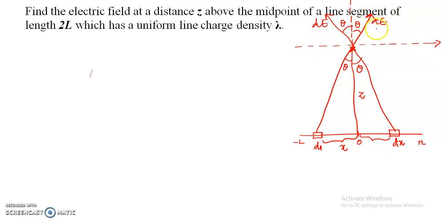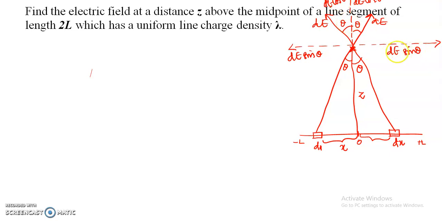Then the component of dE along this horizontal axis, theta is here, so this is the opposite side, so the component along the horizontal axis is dE sin theta, but the component along the vertical axis is dE cos theta. For the electric field vector due to the small element on the right side, the horizontal component is dE sin theta, while the vertical component is dE cos theta.